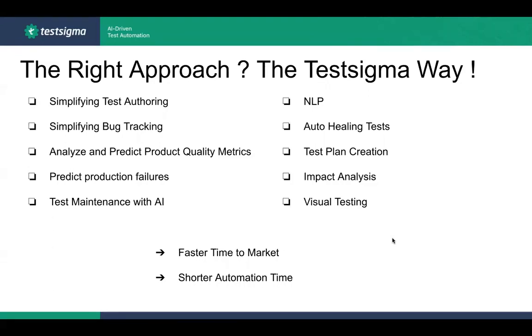So within Testsigma, what are we doing in terms of test plan creation? For example, if there are 3 different test cases which are failing because of a 4th different test case, then our application is intelligent enough to recognize that there are three test cases which are failing at the other end, and the root cause of these 3 test cases failing is the first test case, which is in a certain feature.